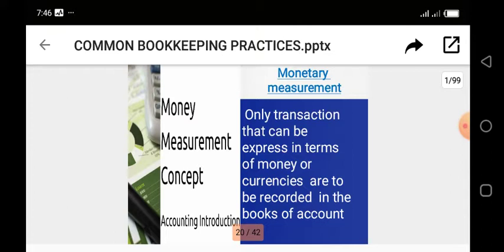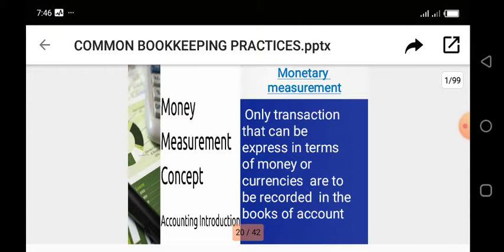I'll say that again. Only transactions that can be expressed in monetary terms should be recorded inside the accounting book, meaning transactions that have to do with money.